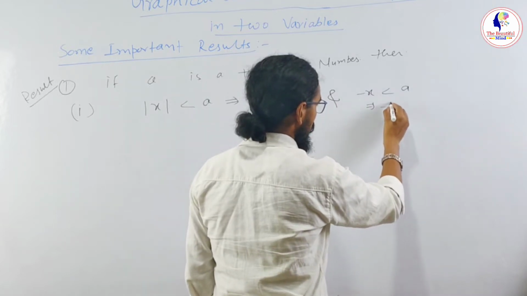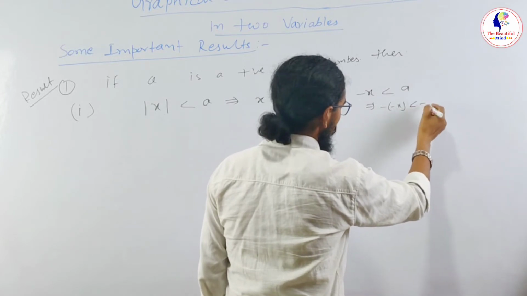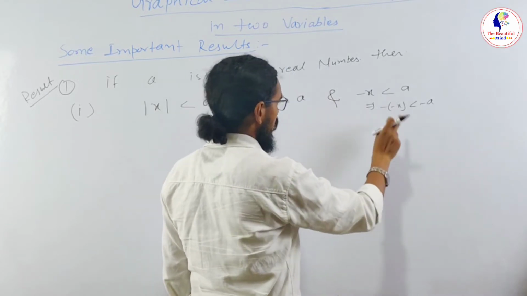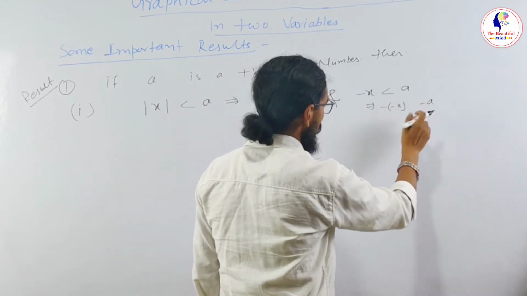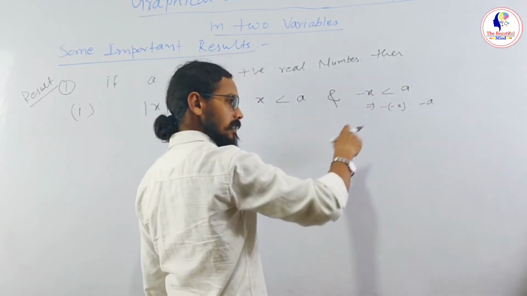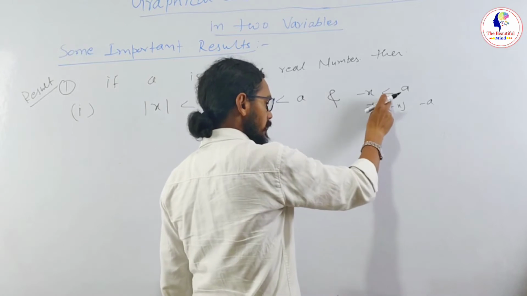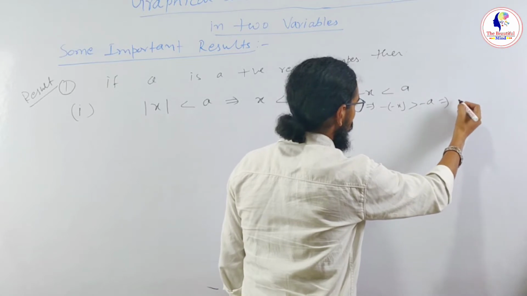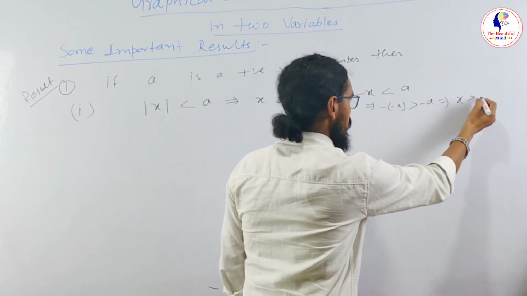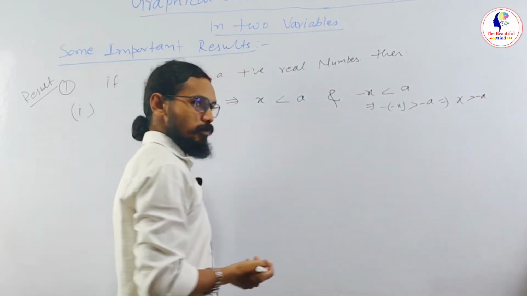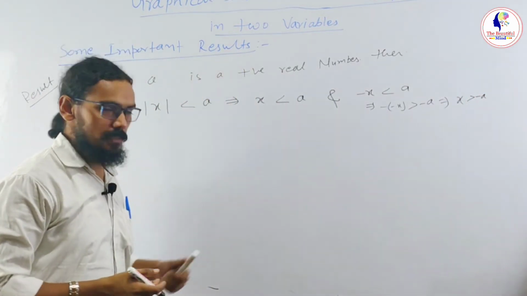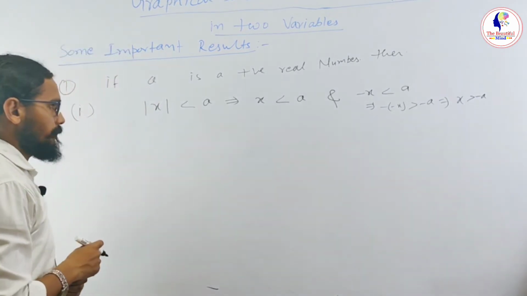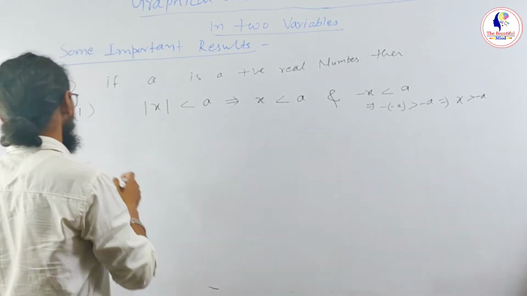So this is minus x less than minus a, and when you divide or multiply on both sides of an inequality by a negative number, the sign of the inequality changes. If it is less than, it will be converted into greater than. So now this implies x greater than minus a. Obviously x is positive and a is negative, so positive is always greater than negative. So this is the first result.